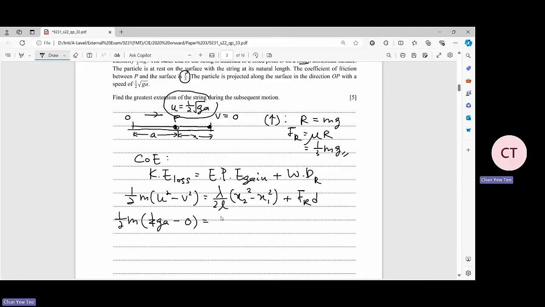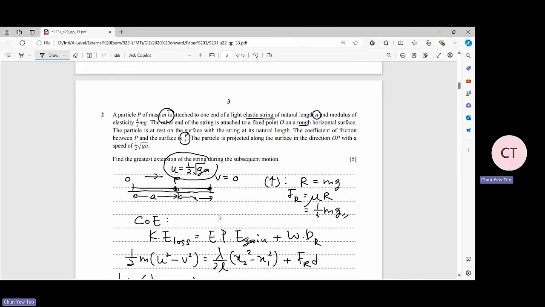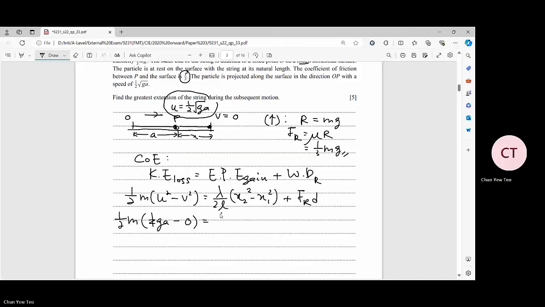Okay, so the question gives lambda as 4 over 3 mg over 2a. Your extension is x, originally no extension, then plus the frictional force, 1 over 3 mg, times the distance that you travel, which is also x.